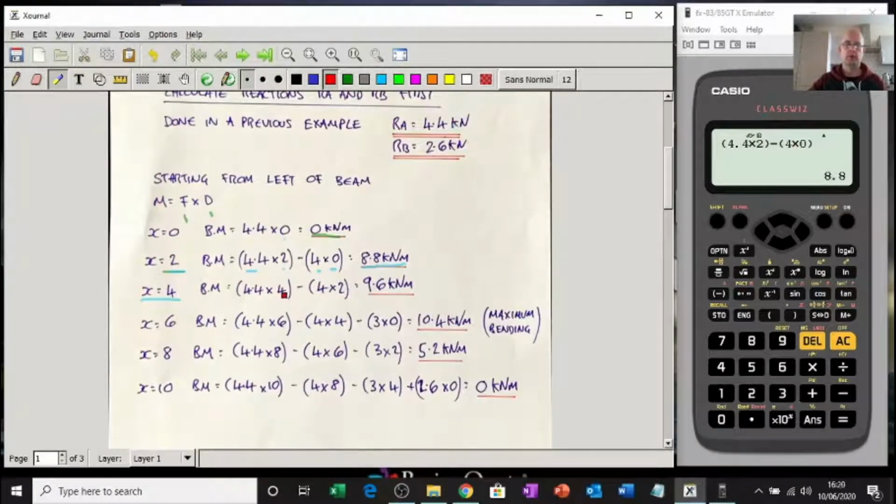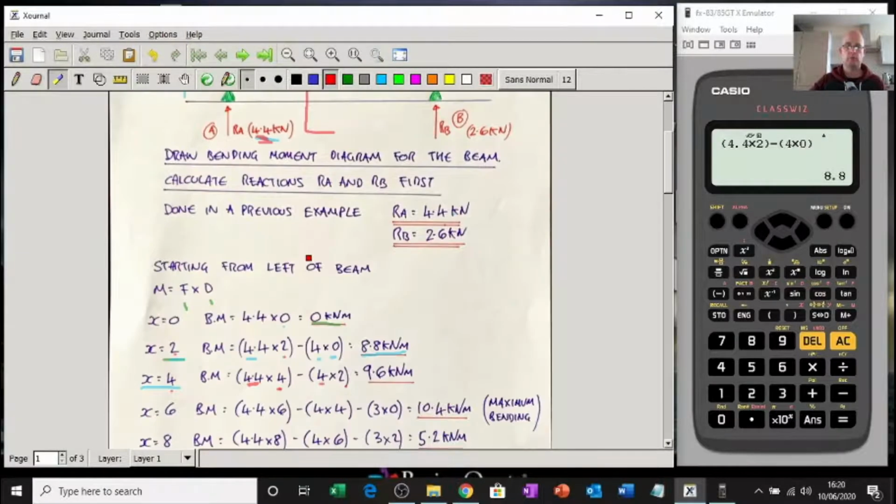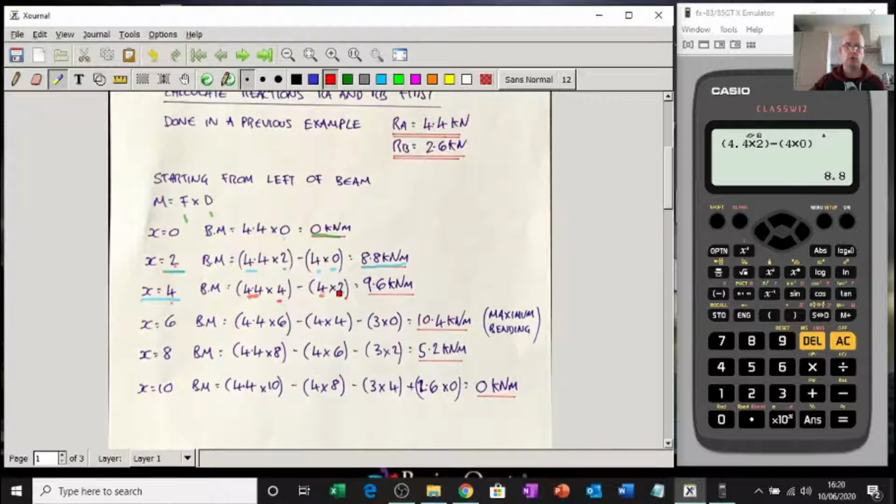So sum of the moments again, look, we're adding them up. If you notice, 2, 2, 4, 4, and these go up in 2s now as well. So that's the force, 4.4 times by 4, that's going clockwise, and then this 4 is 2 meters away from where I am. Hence, I got 4 times by 2.